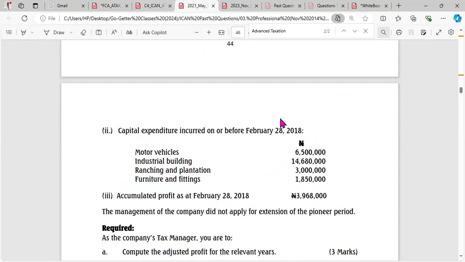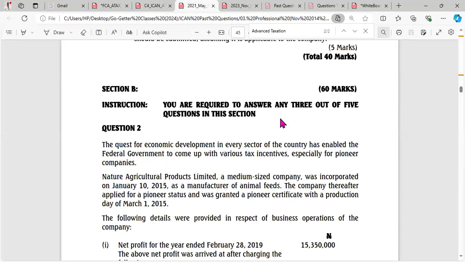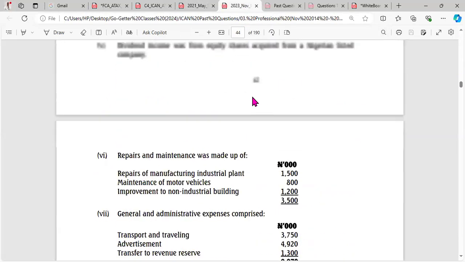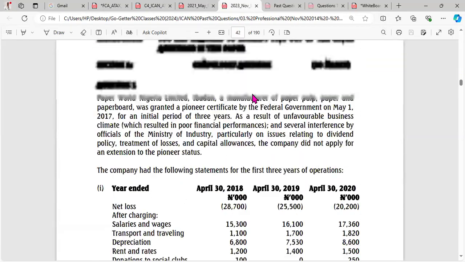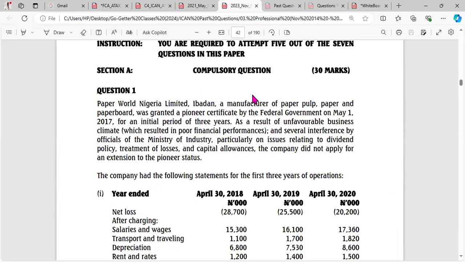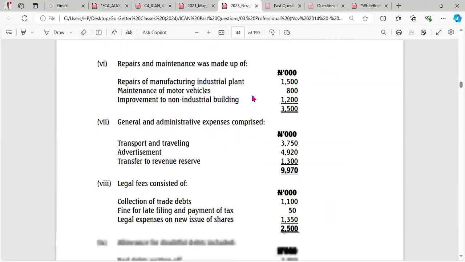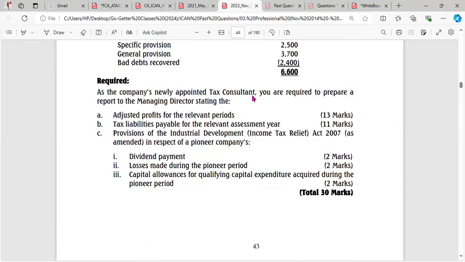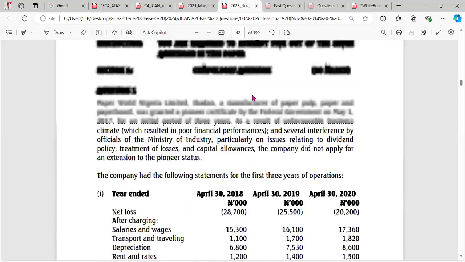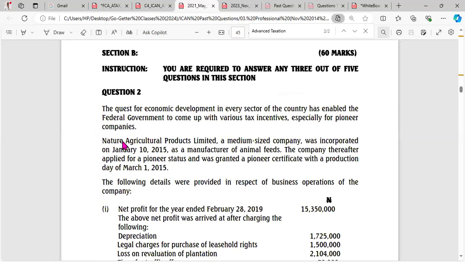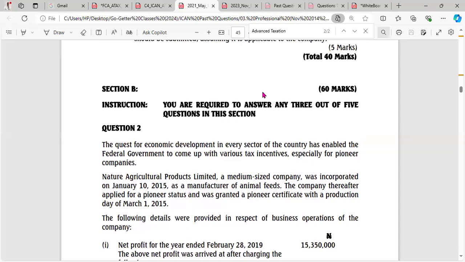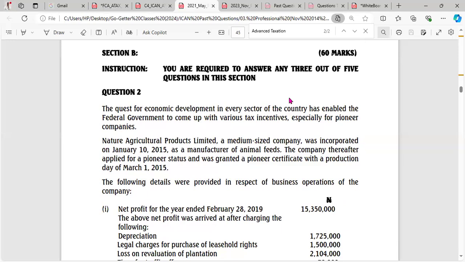All right. This is May 2021, question 2. 2023 November, question 1. We will do the one that is smaller first. We'll do question 2 now for the sake of knowledge. So this is May 2021, question number 2.